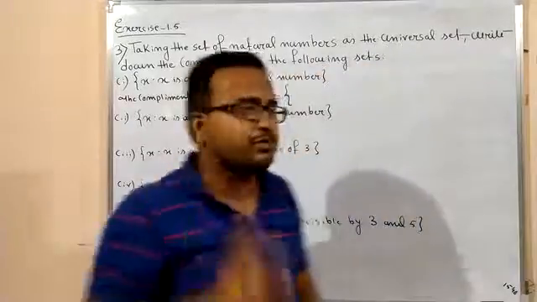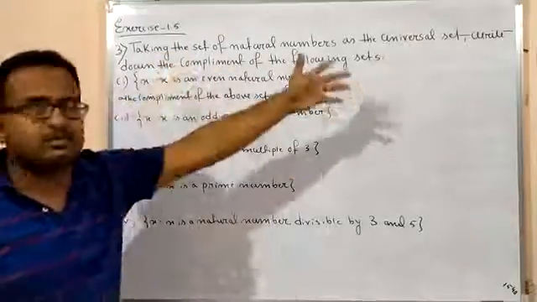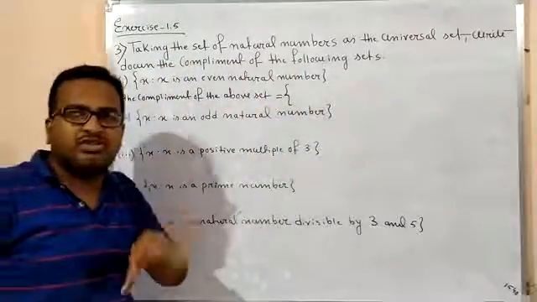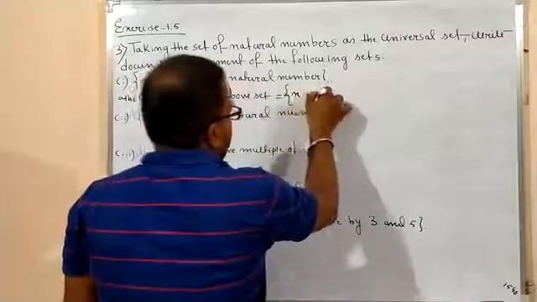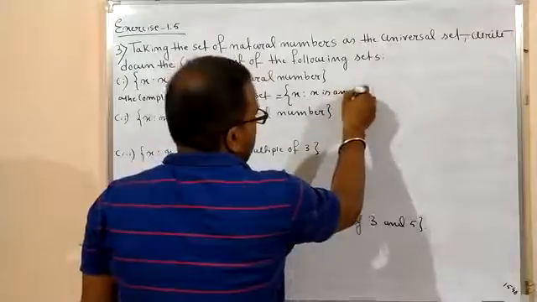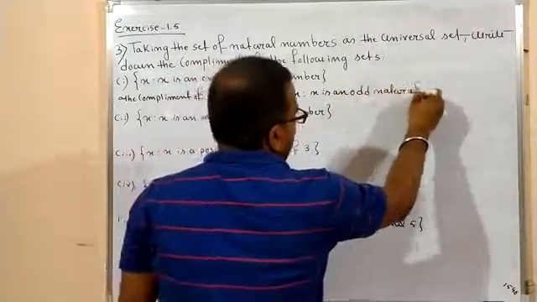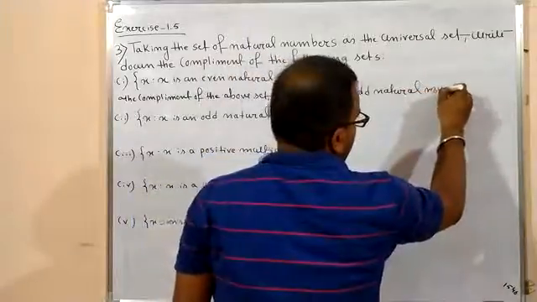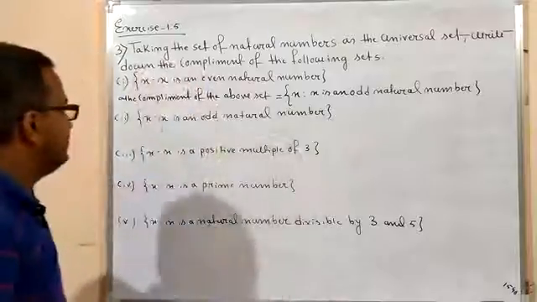Any one of them must be true. So this is a collection of all even natural numbers. So the complement of the set will be the collection of all odd natural numbers, right? So it is a collection of all X such that X is an odd natural number, right?